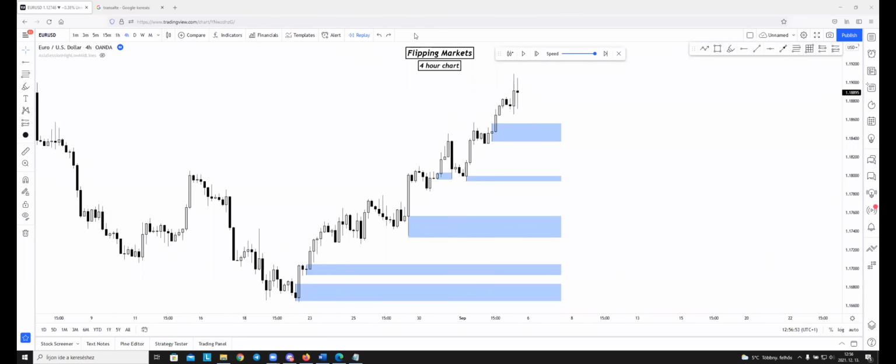So the 1 minute is over, and as you can see, I drew all of the zones that have at least 2 criteria: liquidity collect, breakout structure, and inefficiency.